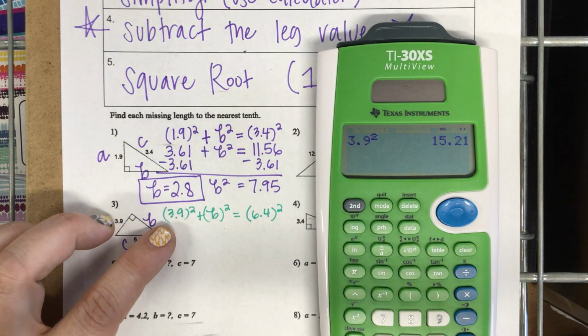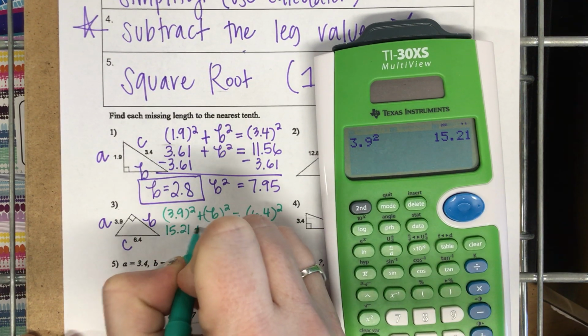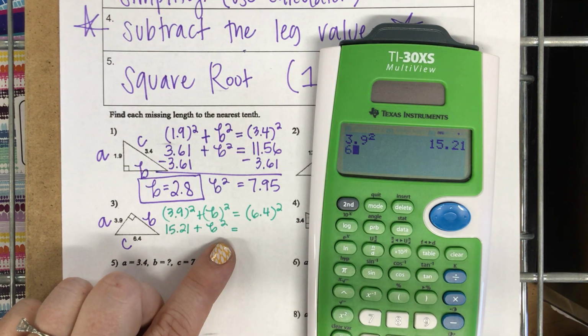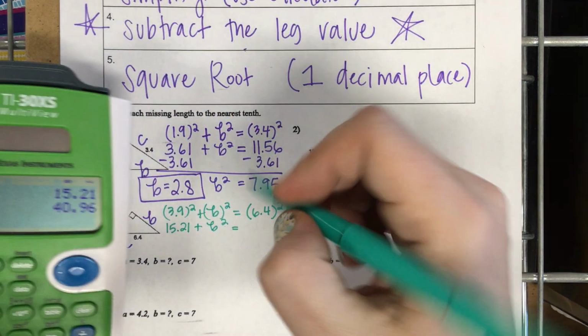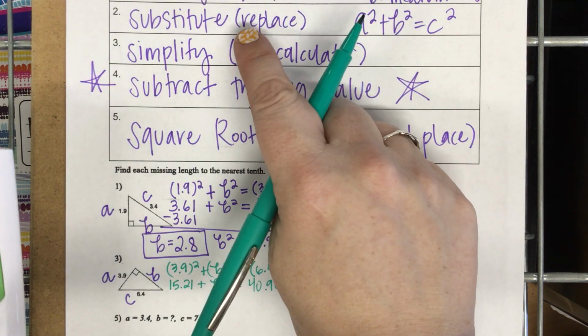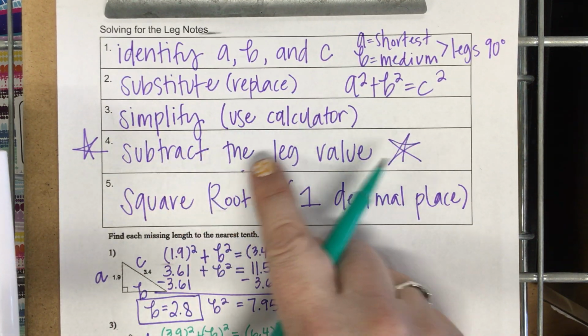3.9 squared is 15.21, plus B squared equals 6.4 squared, which is 40.96. Substitute, simplify, subtract the leg value.